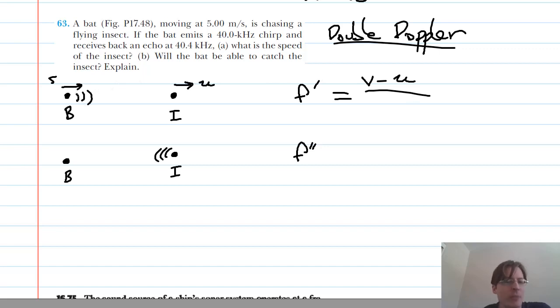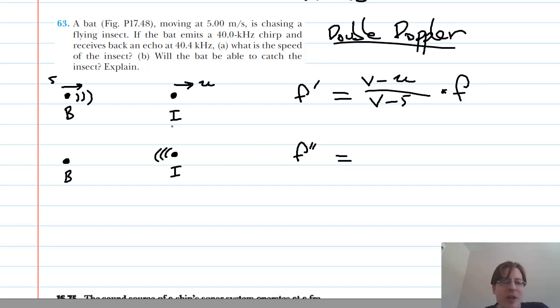The sound waves themselves are shortened in wavelength, so I would have v minus 5 from the bat's speed, and I'd multiply that Doppler factor by the 40 kilohertz frequency.